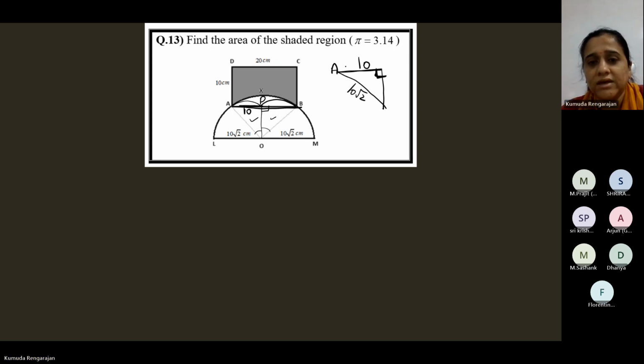This is A, this is P, this is O. In right triangle OPA, angle P is 90 by construction. We draw OP perpendicular to AB. That we don't get by CPCT. Construction, draw OP perpendicular to AB. Then we prove that the triangles are congruent.